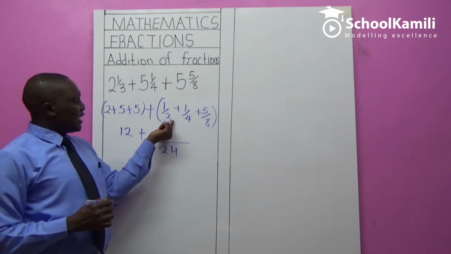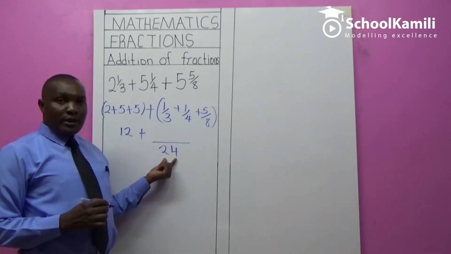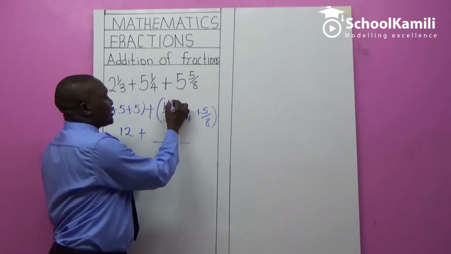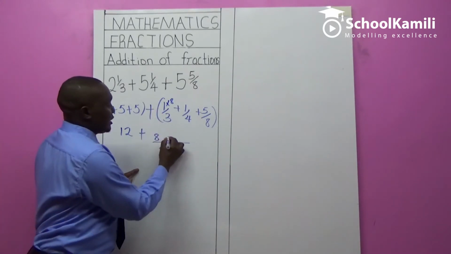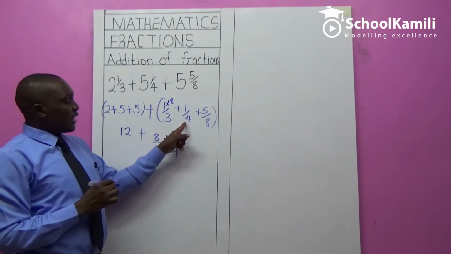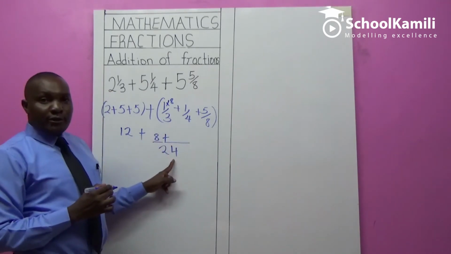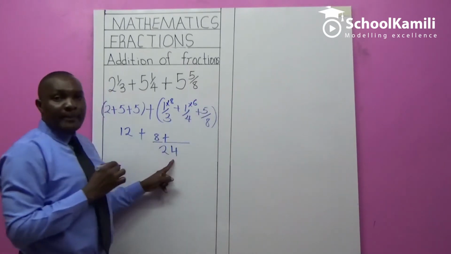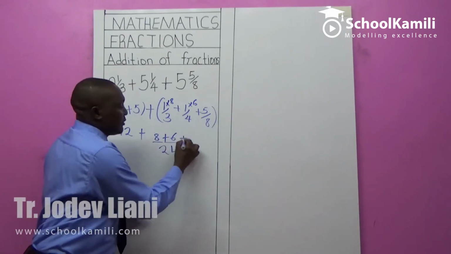How many times can you get groups of 3 from 24? That is 8 times. So I take the 8, multiply it by the numerator, which is 1, and I get 8 plus. How many times can you get a group of 4 from 24? That is 6 times. Take that 6, multiply it by the numerator, which is 1, you get 6 plus.